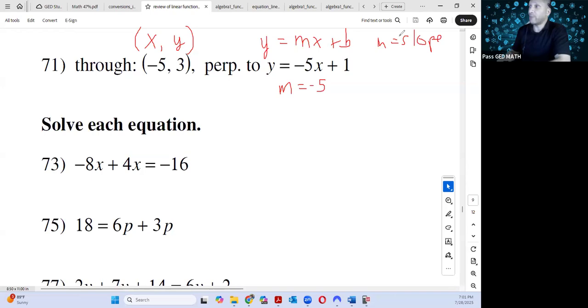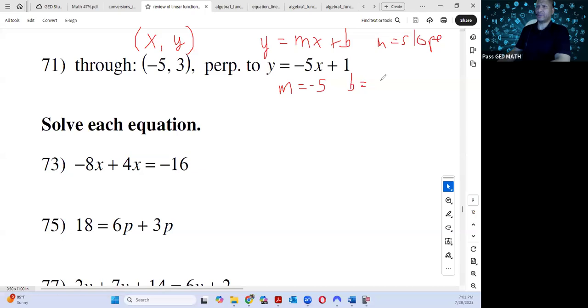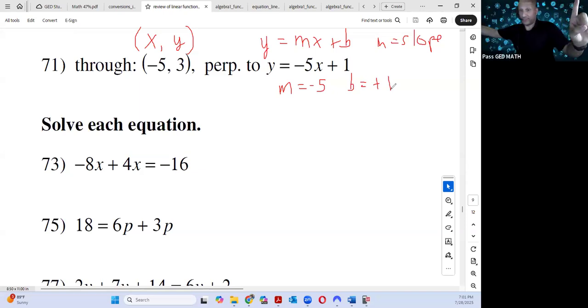What's my y-intercept? It's plus 1. So remember, my y and my y-intercept are 2 different things. The only time they're the same is when x is 0.